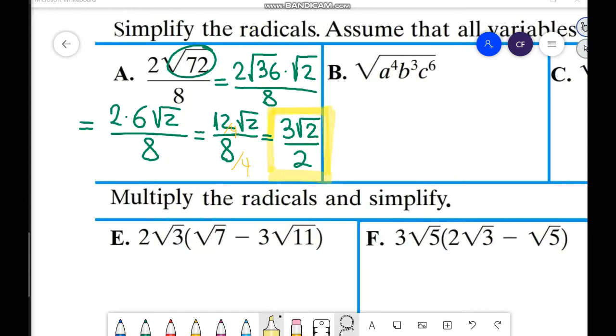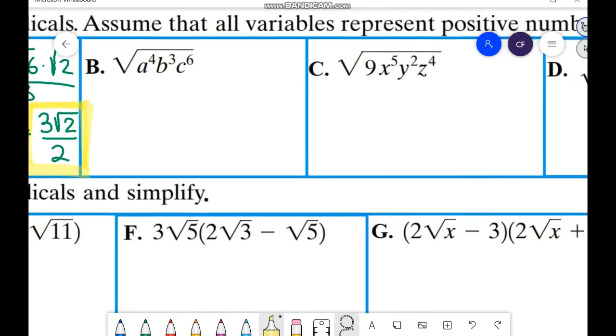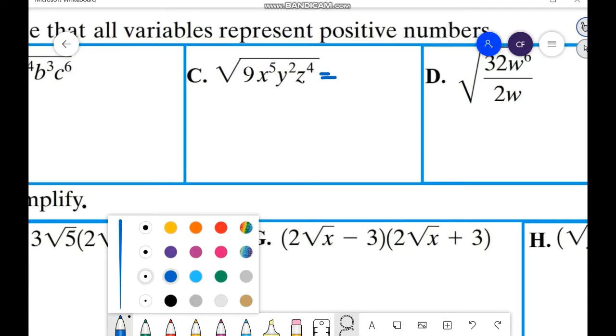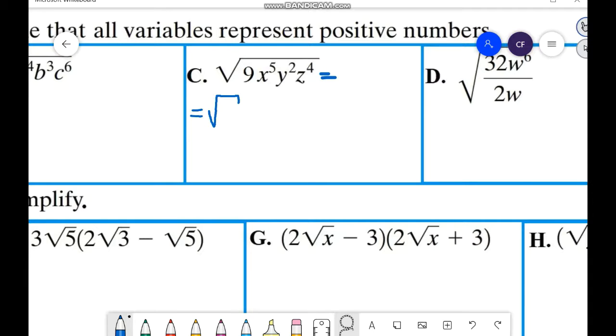For letter B, I will skip. I will give you the answer later. Letter C. Well, we need to break down and find everything that we can simplify, because square root of 9 we can simplify, and we can break down x to the 5th as x to the 4th times x, because we can simplify x to the 4th, and also we can simplify y squared, and we also can simplify z to the 4th.